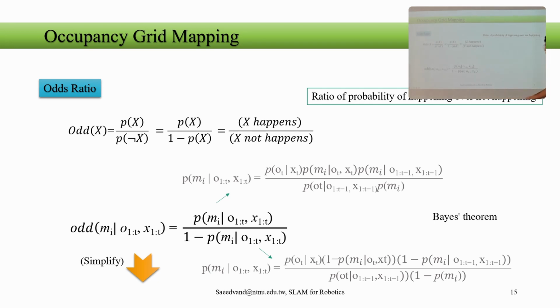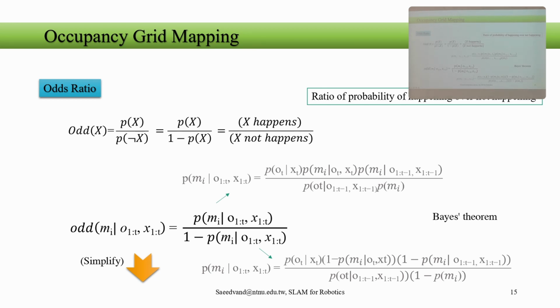It looks like this. Then we can write the probability of this happening or not happening. So the probability of mi given x and poses, and not happening of these. Then it looks like the odd representation, the odd ratio of each one of the grid cells.